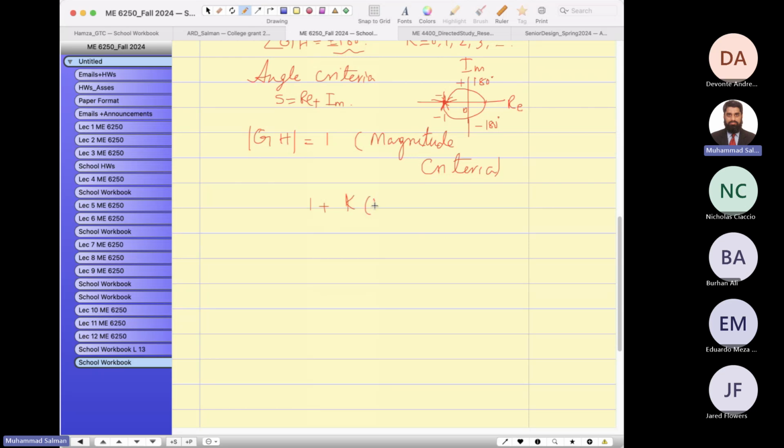The numerator is equal to zero, and the numerator can be the roots or the factors of the polynomial, z1, z2, and so on, and the denominator can be factors of roots in the Laplace domain, pole 1, pole 2. This is also the representation of the root locus equation.